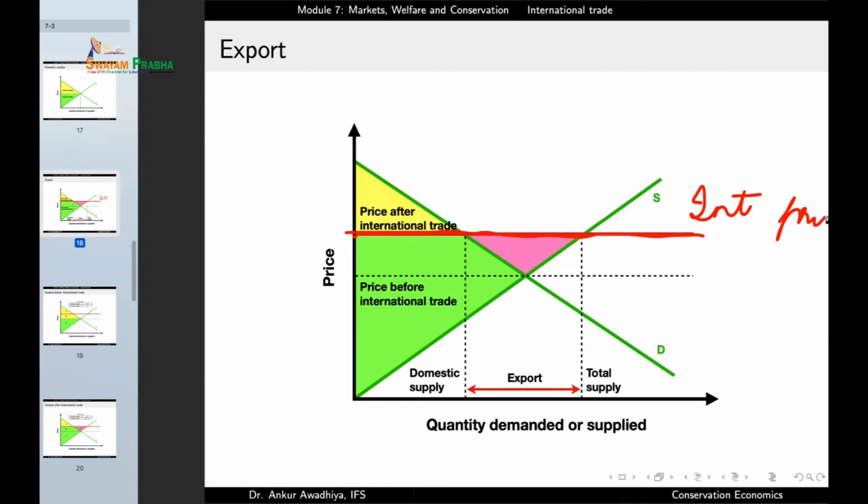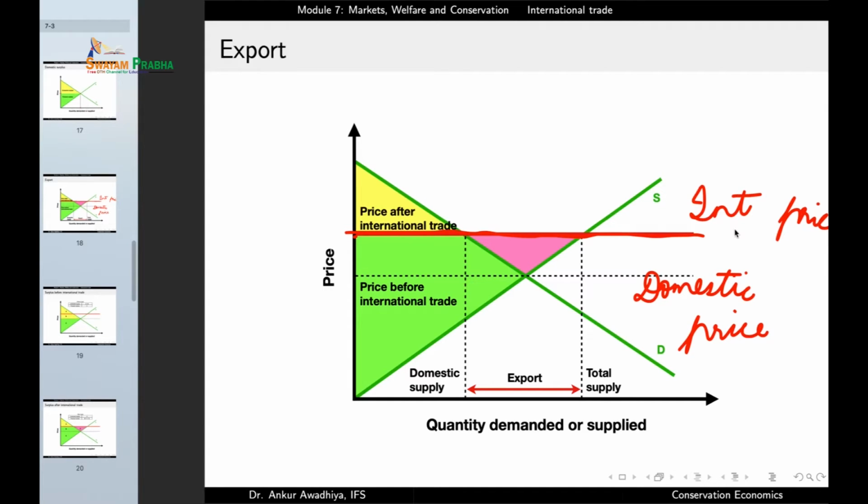So this is the international price, and this line is the domestic price. So this is the price before the international trade given by the meeting of the supply and the demand curves. And this is the international price, which is also the price that will be there in the domestic market once you have the international trade.